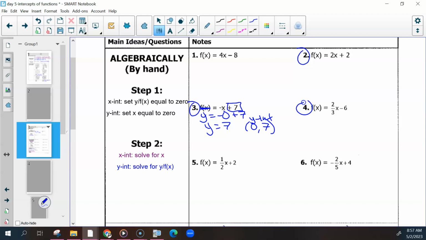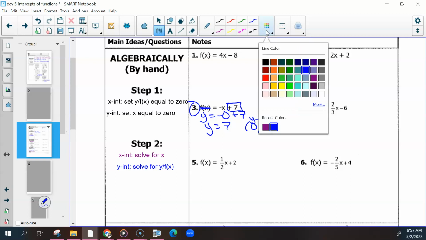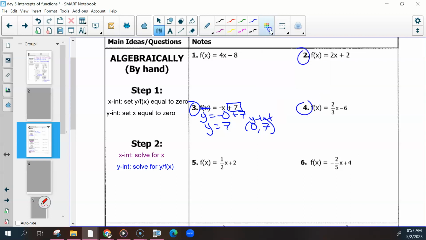For the x-intercept, we have to set the y equal to 0. So where my f of x is, I changed it to y. So where y is, I'm going to make that 0. And I'm going to solve for x by doing what?